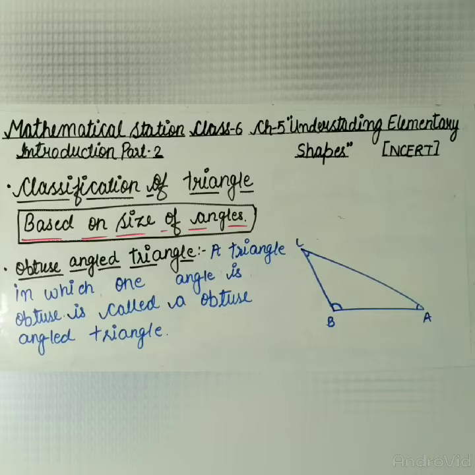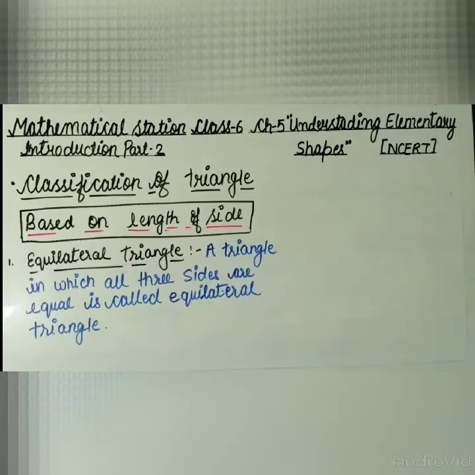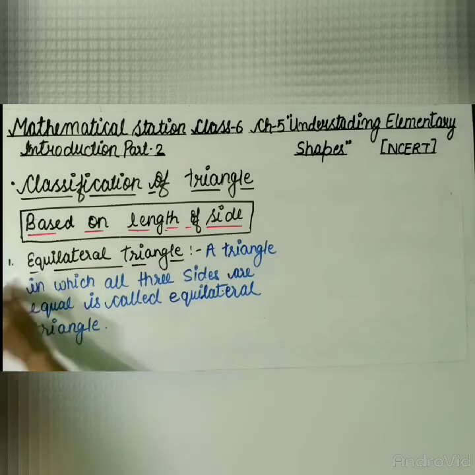Now students, our next criteria of classifying the triangle is based on length of sides. Here we will classify the triangle on the basis of length of the sides of triangle. Under this criteria, we can classify the triangle in three parts.